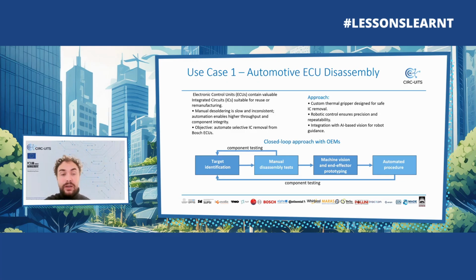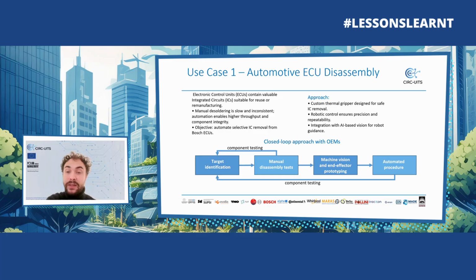The workflow is pretty simple in some way, even if it consists of several, let's say, closed loops. The first part of the work starts with the targeted identification, proceeding with the manual disassembly test following IPC standards.